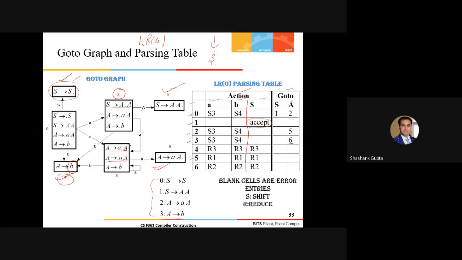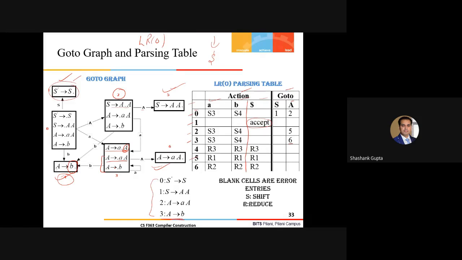I am expecting certain derivations which are supposed to be derivable from this symbol, that is A. Now, what does this mean? That means I need to determine the closure. So I'll rewrite these productions, A deriving B as it is, keeping the dot on the left hand side. This is exactly what we discussed last time. Okay, got it. Fine. So this is the closure we discussed last time.